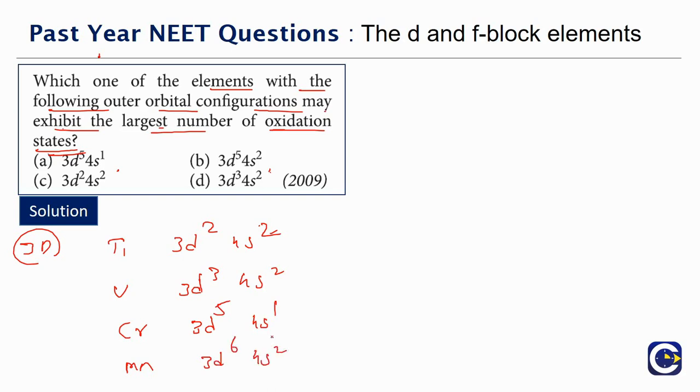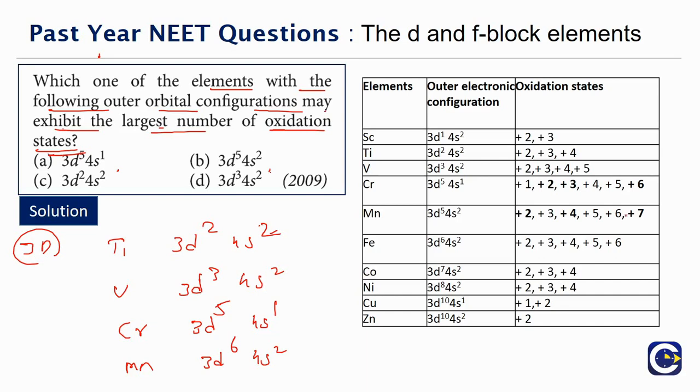3d6-4s2. So in the 3D series, or 4D or any D series, as the number of electrons in the D level increases up to the middle of the series, the possible number of oxidation states also increases. Scandium can show +2, +3. Titanium can show 3 states.